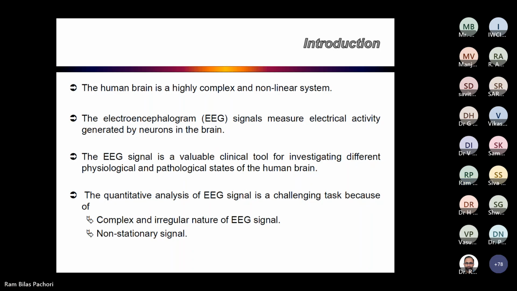It is one kind of initial tool which detects abnormality, and it is commonly used for investigating different physiological and pathological states of the human brain. In this analysis, we want to extract information from the EEG signal, and there are two ways. One is what doctors generally do in hospitals: they perform visual scanning of the EEG signal.